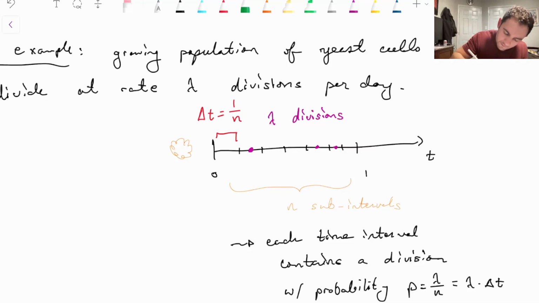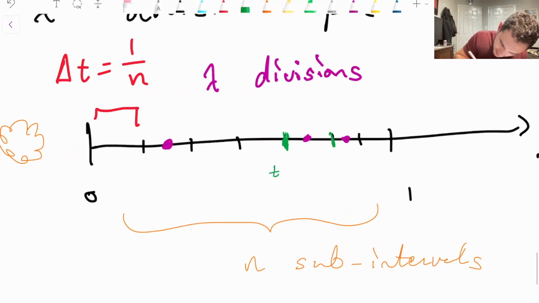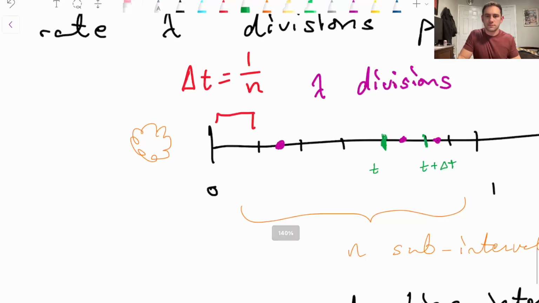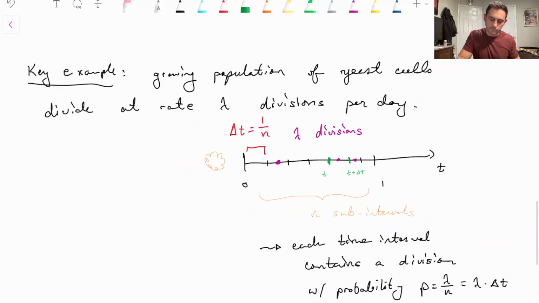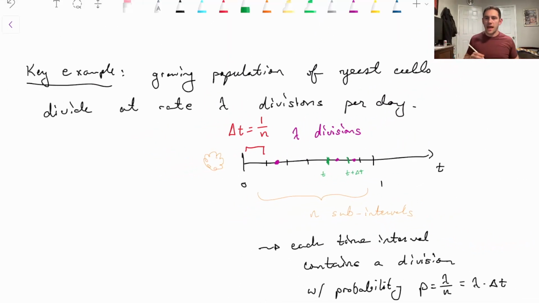So if I hone in and focus on one specific time interval, say this time interval right here from time t to time t plus delta t, then I'd like to do a little bit of analysis. So I've got a population, my population at time t.